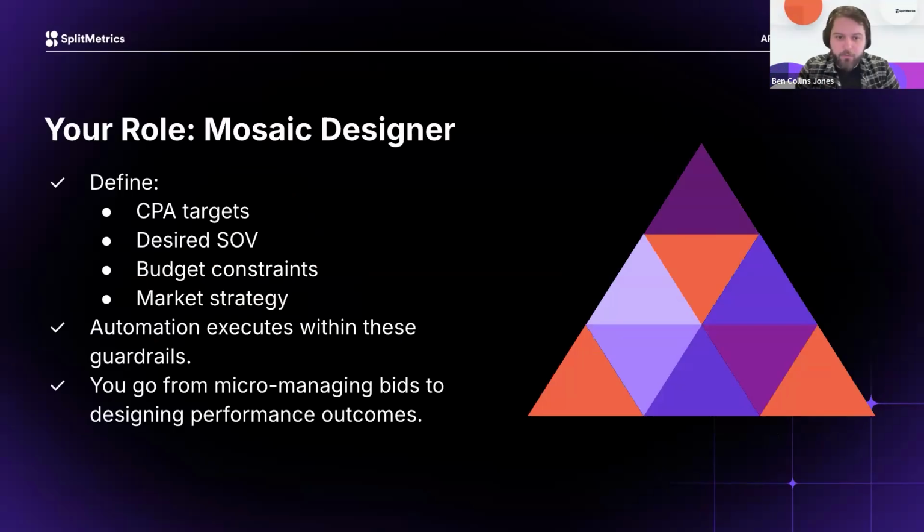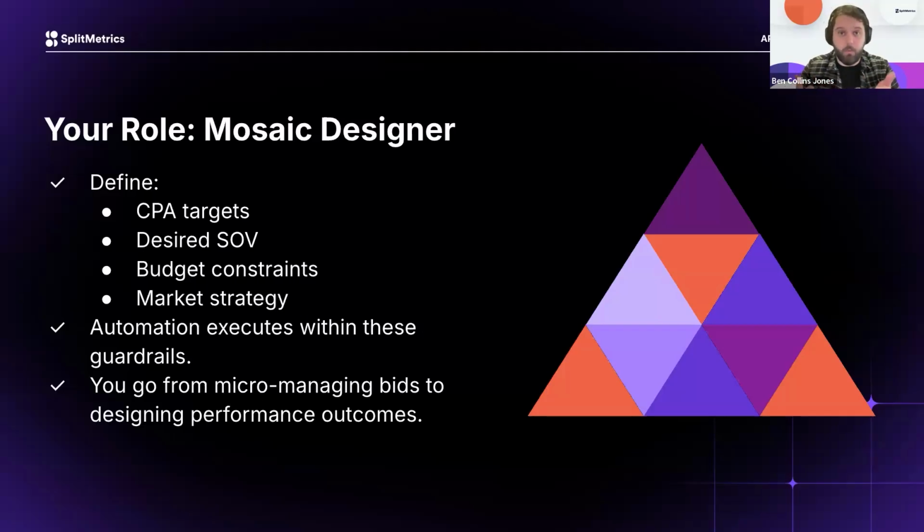So for those of you in the call today, what does that mean for you? Who are you? You are my mosaic designer. Your job is not just about pushing levers, but designing these outcomes. You set the CPA targets, you define what your desired share of voice is, you align your budget, you outline what that CPA goal needs to be with those different criteria and lines marked up.